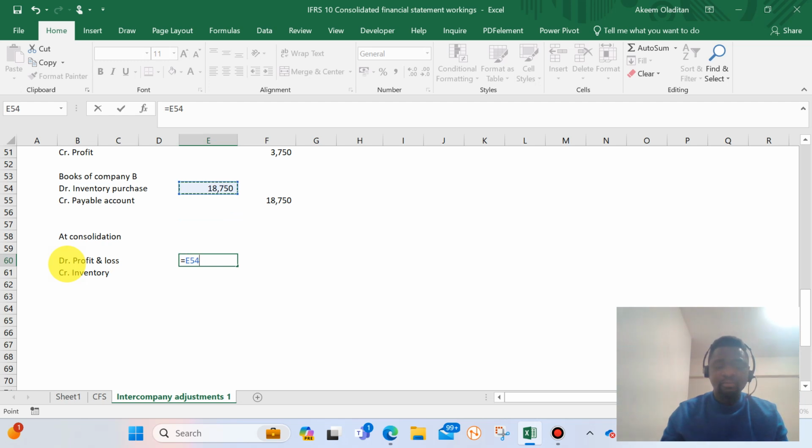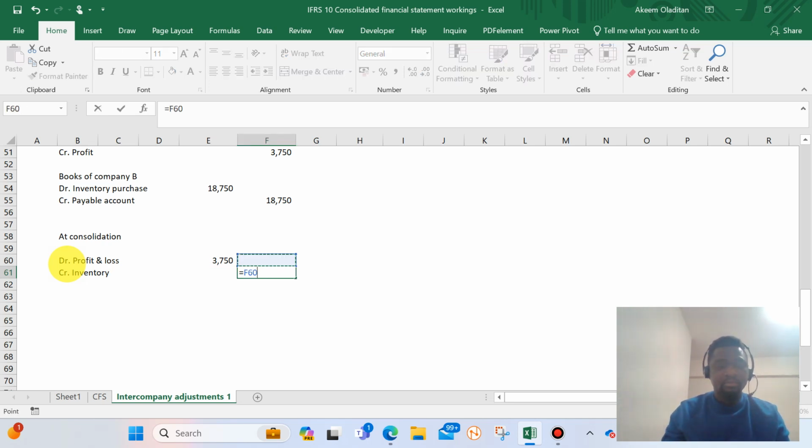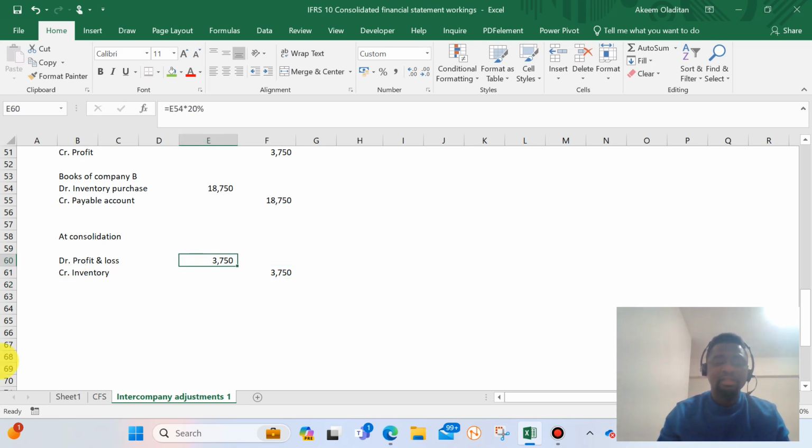We say that 20% remain unsold. That's 20% of the total purchases from Company A. But what we're talking about is not all of the 20%, we're talking about the margin on the 20%.